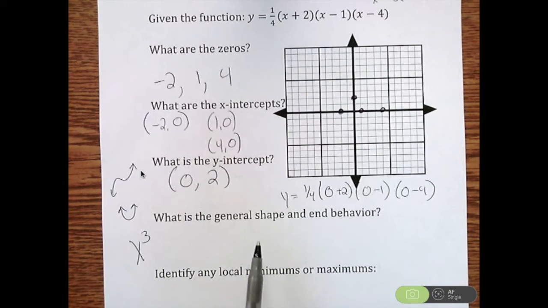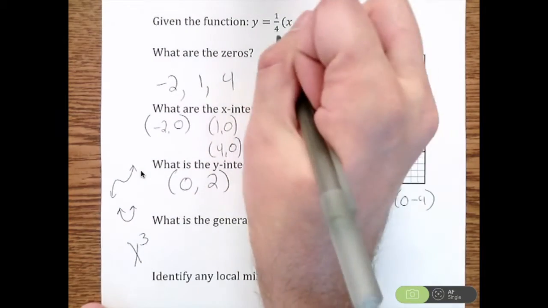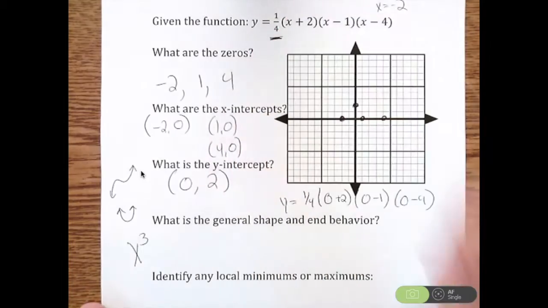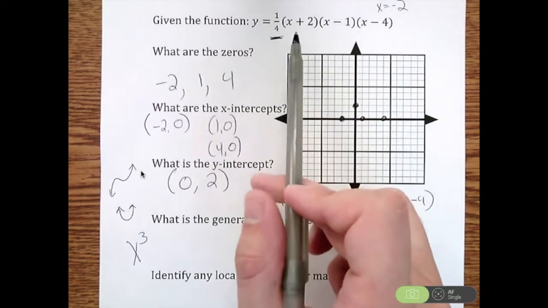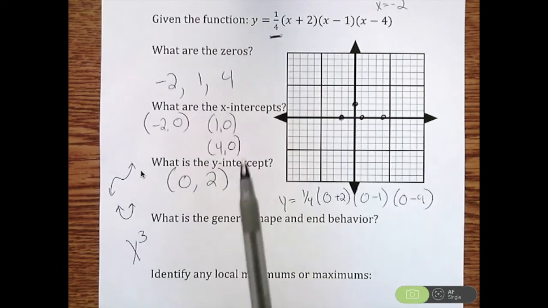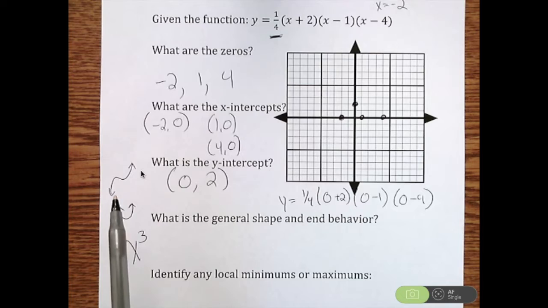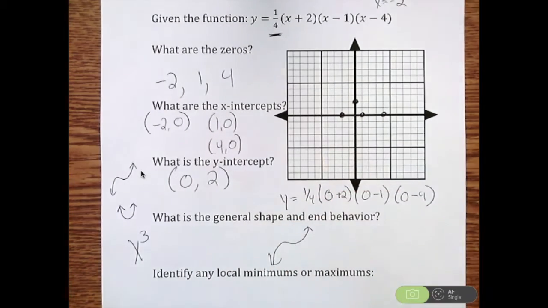The other thing we have to pay attention to is we have to think back to transformations. We have to think back, what is A? So thinking back to transformations, I have videos on transformations. A can also reflect this. So A is positive 1/4. So this, I know, is going to be an S curve going up.